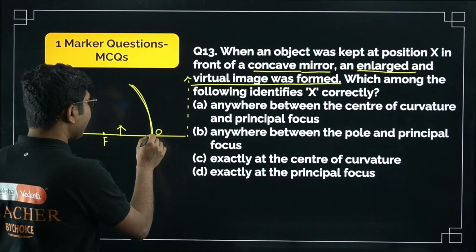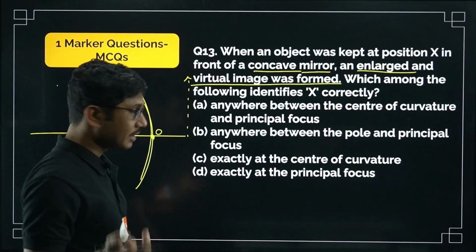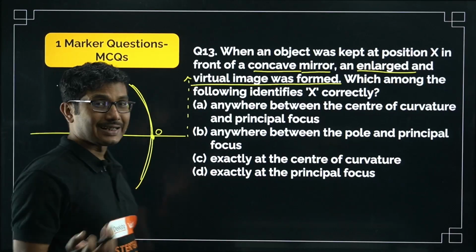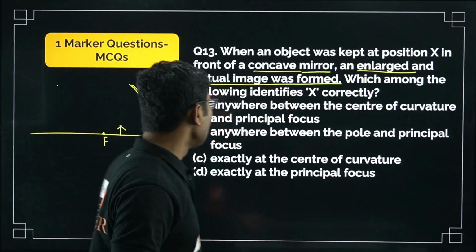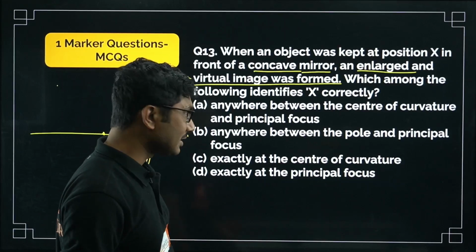Let's see the answer. Generally we say center of the mirror or pole of the mirror, and focal length; optical center term is used for lens. Anywhere between the center of curvature and principal focus, no, incorrect.